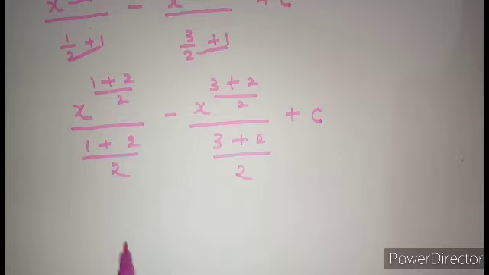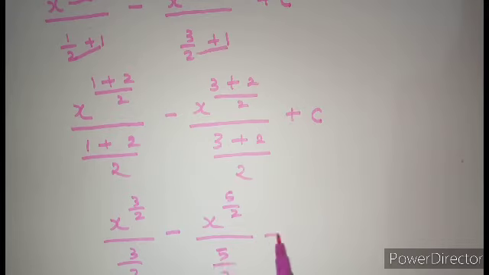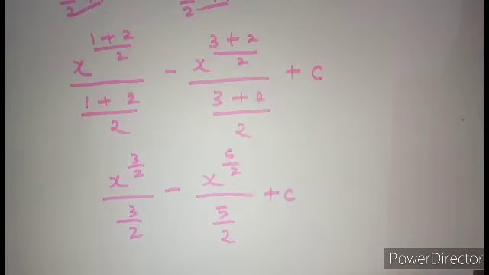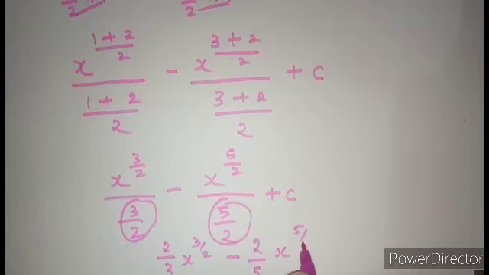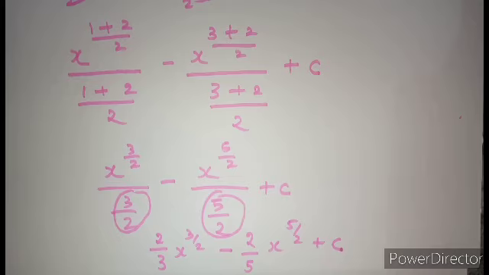Now x to the power of 1 plus 2 is 3, 3 by 2 upon 1 plus 2 is 3 by 2, minus x to the power of 3 plus 2 is 5 by 2 upon 5 by 2 plus integration constant c. Now take the reciprocal of this one, it becomes 2 by 3 x to the power of 3 by 2 minus 2 by 5 x to the power of 5 by 2 plus c. So this completes 14th question of exercise 7.1.